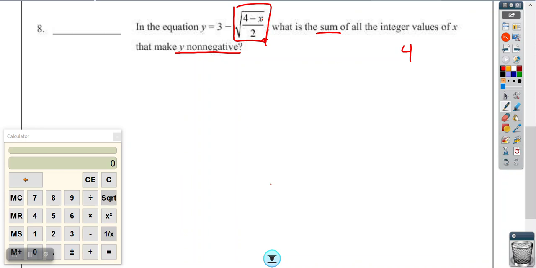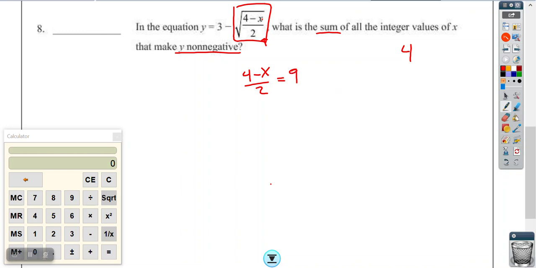It's neither negative or positive. So, okay, so that means that 4 minus x over 2, if we take the square root, has to be, well, 9, right? The square root of 9 is 3. So that has to equal 9.